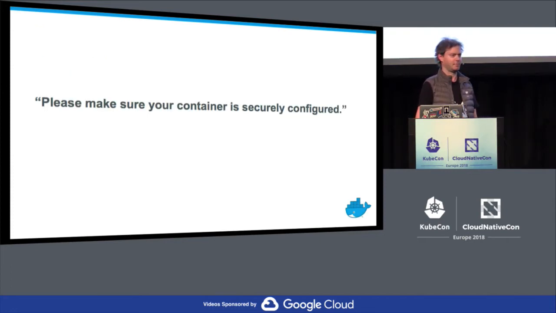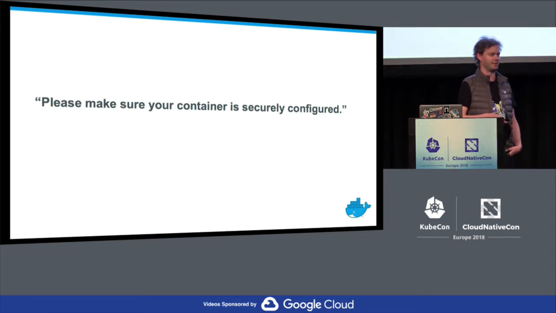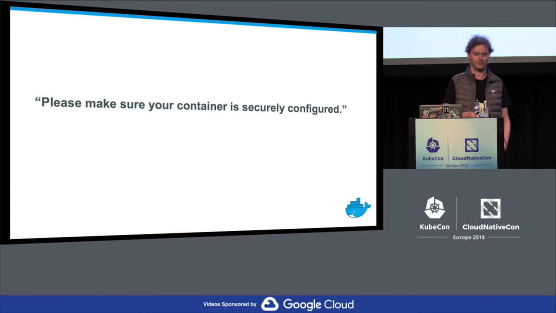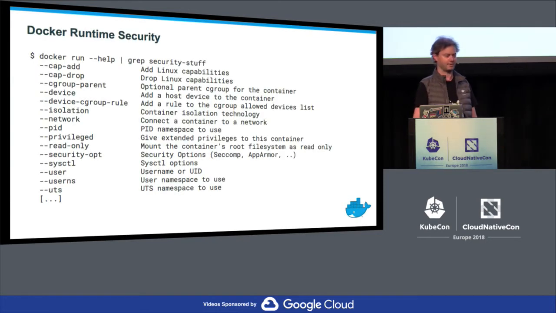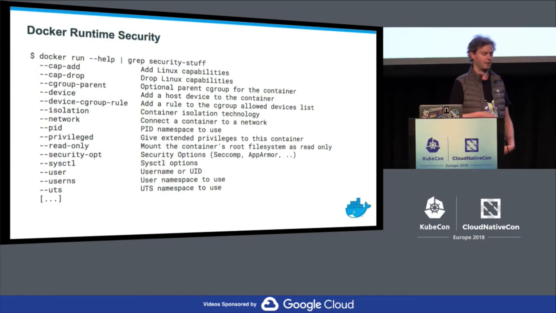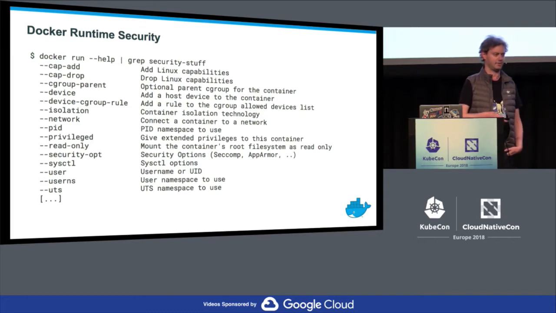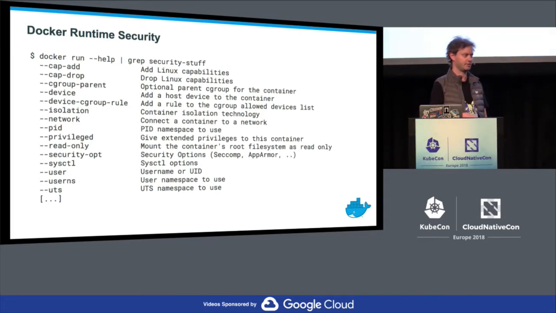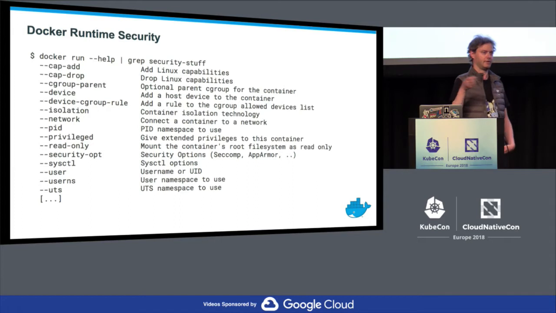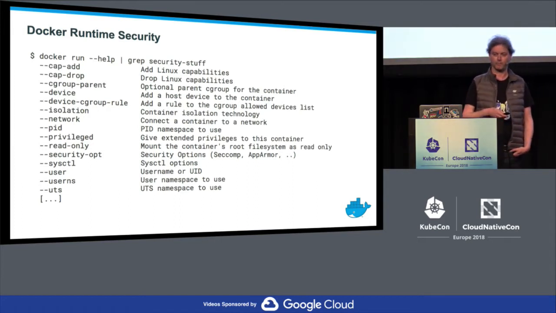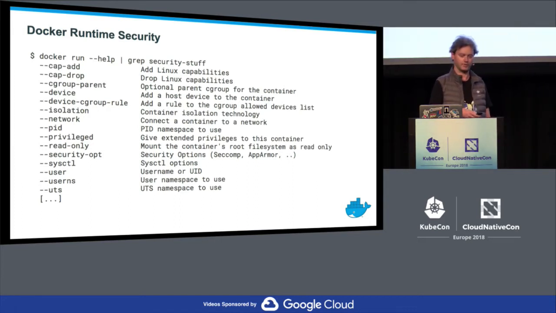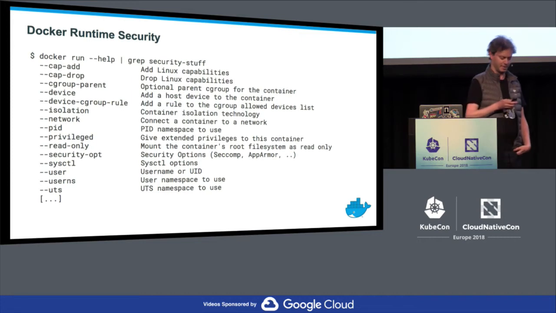And so if you ask a developer, make sure your container is securely configured, they don't really know how to apply all those controls to it. This is the help page for Docker Run, and it's got a ridiculously large number of options. There's a comment, I think, on the ls man page in Linux saying bugs: has too many command line options, and this has almost that many.